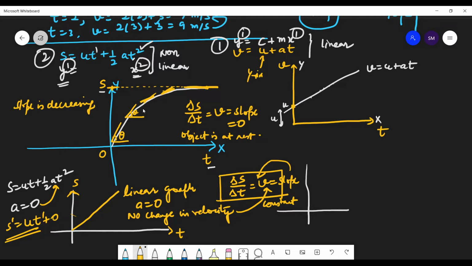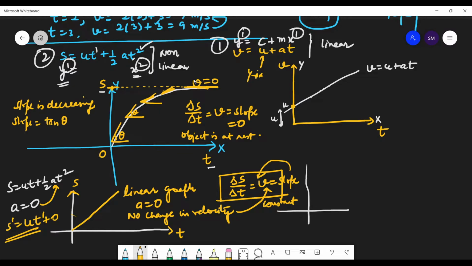So slope is equal to tan theta, and as theta decreases, the value of tan theta also decreases. Okay. And here theta is equal to 0, and tan 0 is 0. So more is the theta, more is the slope, lesser is the theta, lesser is the slope.